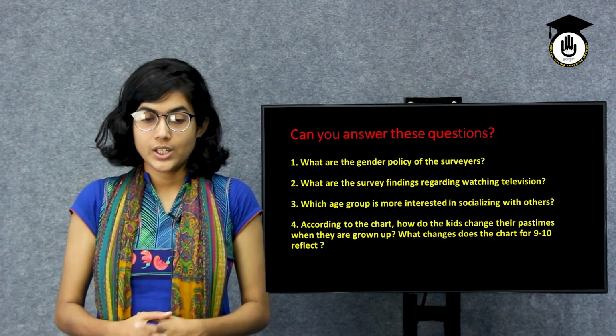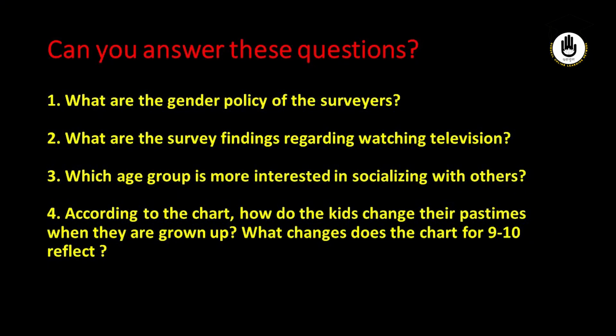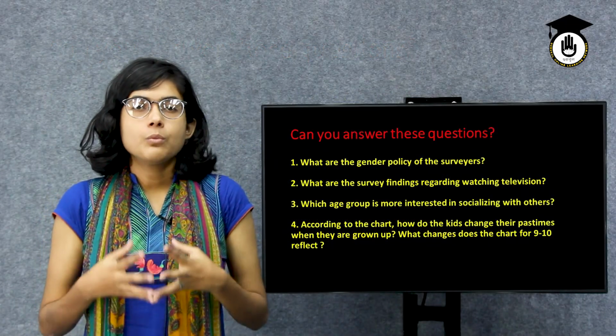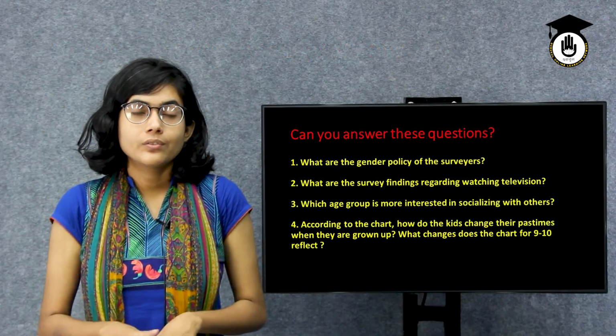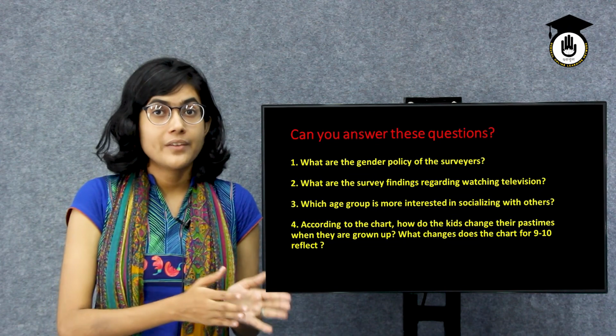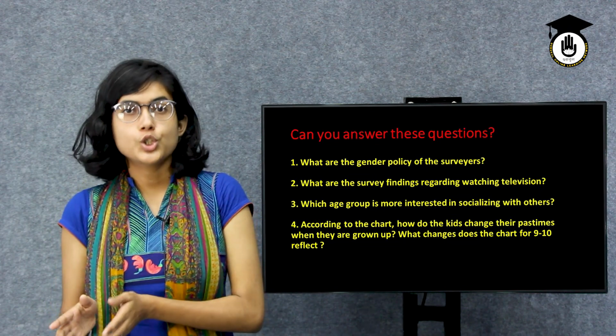The next question is, what are the survey findings regarding watching television? Watching television was preferred by both of the classes, right? From 5 to 6 as well, also 9 to 10.